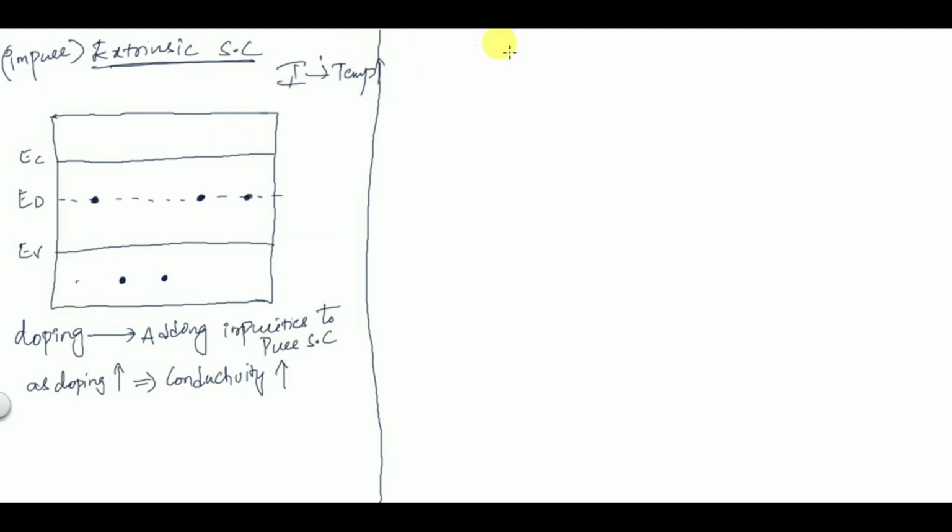There are two types of extrinsic semiconductor: one is p-type and the second is n-type. I am writing in the form of a table. The first difference is the type of doping, that is, which type of impurities you are adding.